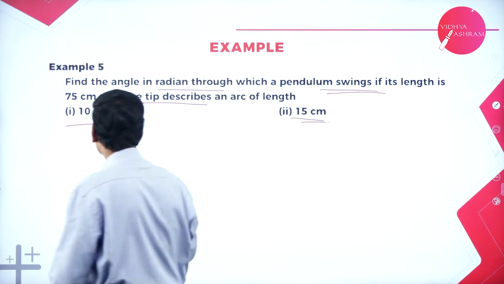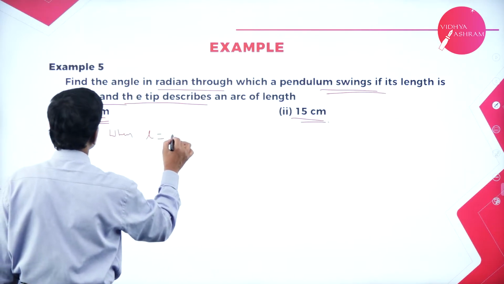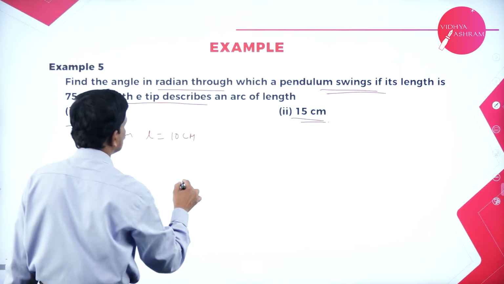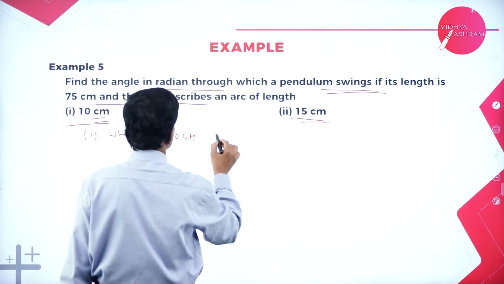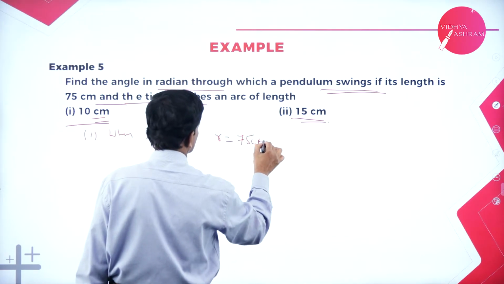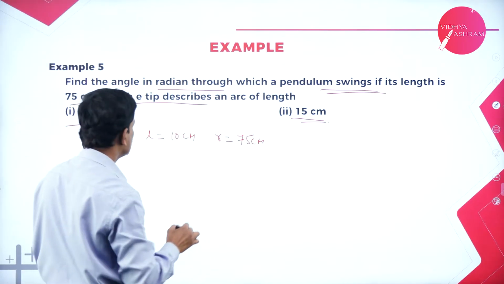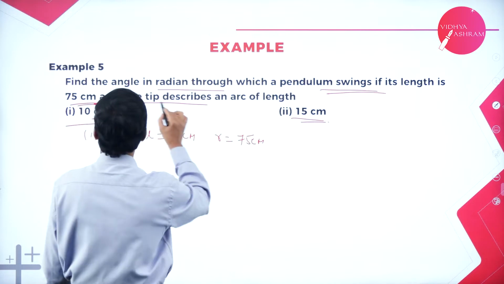First one: when L is equal to 10 centimeters, R is equal to 75 centimeters. What is required to find? Theta.